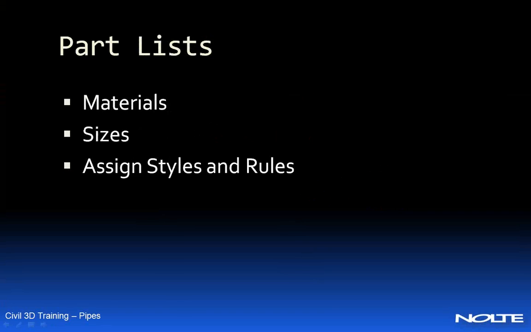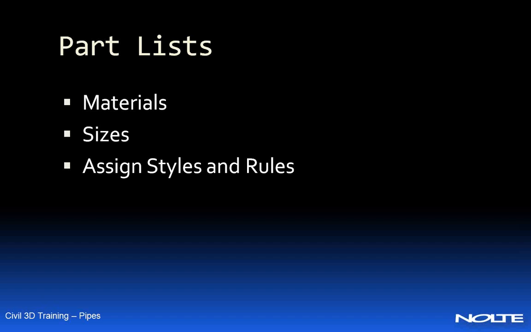From the part catalog, we need to create what's called a part list, and these will filter down the catalogs to say, here are the parts that we are allowed to use in our design. Today, I'm going to pick the concrete pipe material and the cylindrical structures, and then I'm going to filter down and say for my concrete pipe, I only want to use maybe 5 or 6 different part sizes.